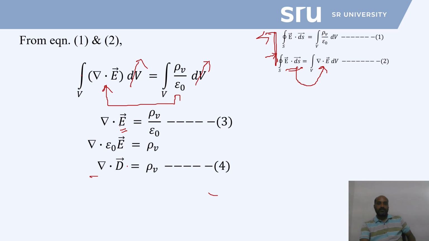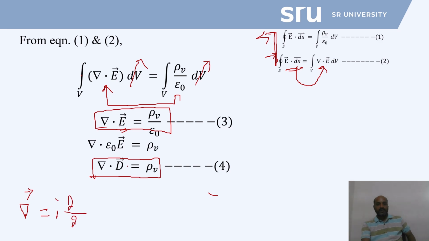Now here, see, this is the differential form. You may ask, where is the differential form? Generally, del is a vector operator, which is equal to i dou by dou x plus j dou by dou y and k dou by dou z.